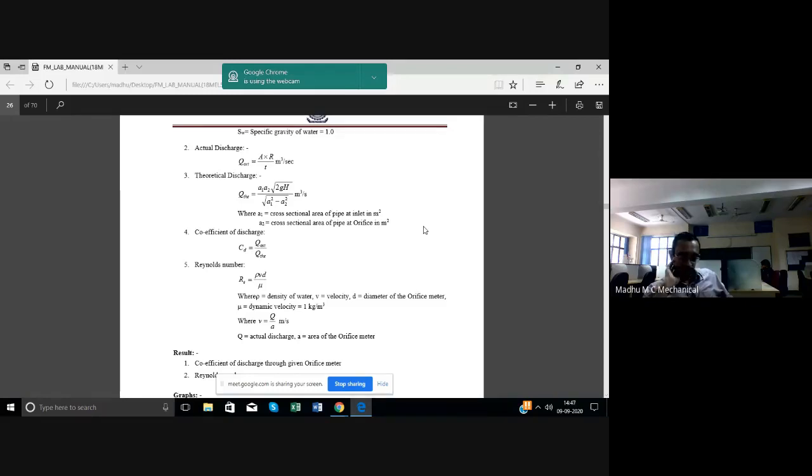Do it. How much did you get? Now, actual discharge is 3.07 into 10 power minus 4, correct? So your theoretical discharge should be in 10 power minus 4 only. Check how much it is.